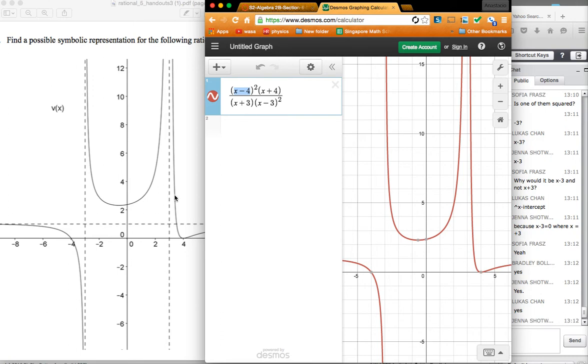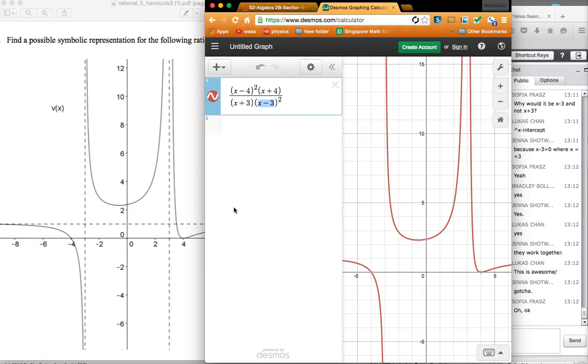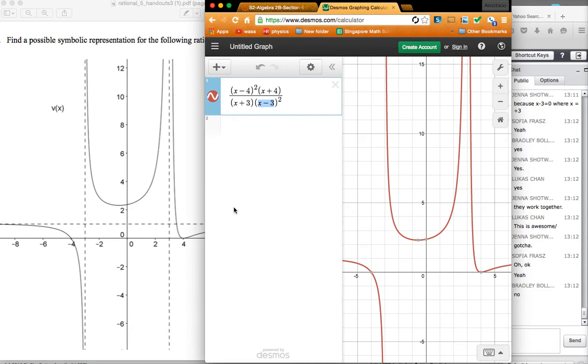Well, this vertical asymptote at positive 3 is associated with this denominator part being the x minus 3. That's why we're squaring that one and not the other one. Does that make sense? Bradley says no. Bradley, are you confused as to why I put the square on this one and not on this one?